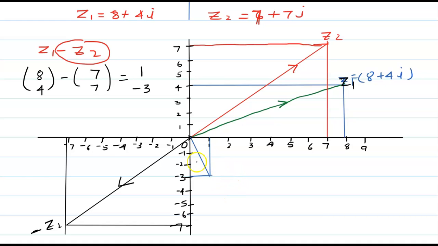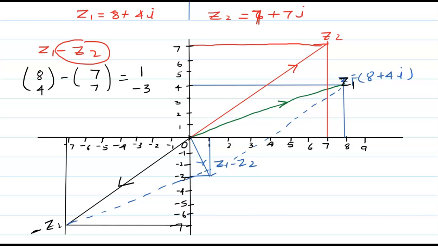Okay, so this vector is representing z1 minus z2. And if you join them like this, this will give you a parallelogram, right? So this will give you the parallelogram for z1 minus z2.